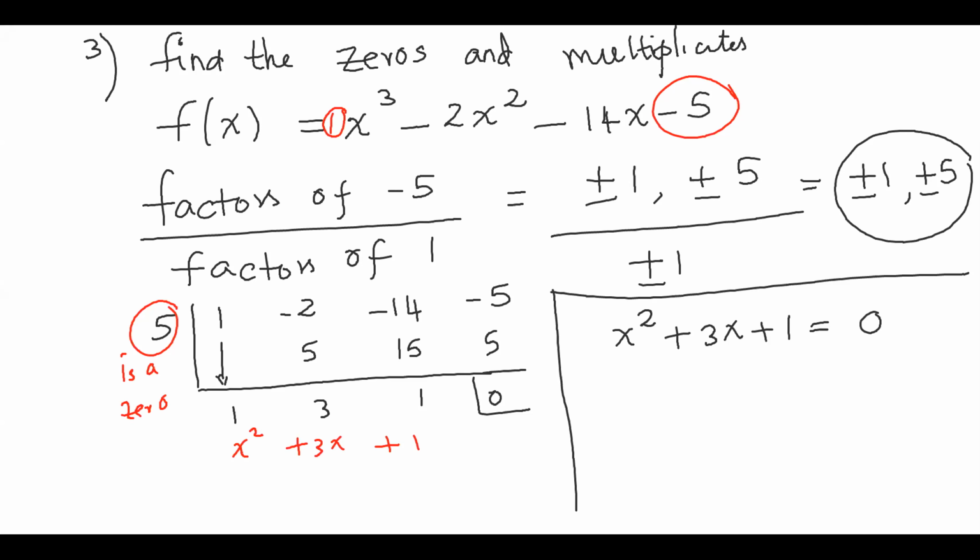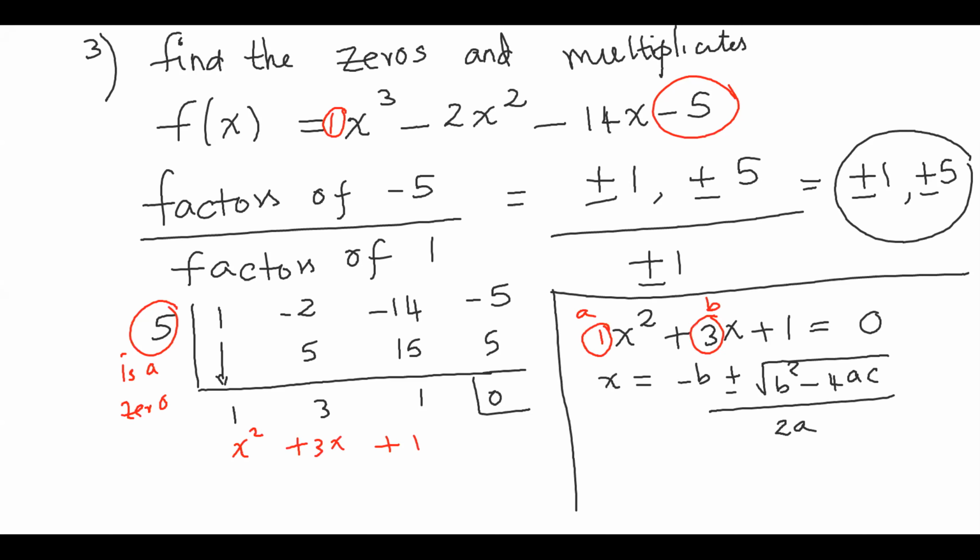So we have to use the quadratic formula, which is -b plus or minus square root of b squared minus 4ac all over 2a. So a is 1, b is 3, and c is 1.